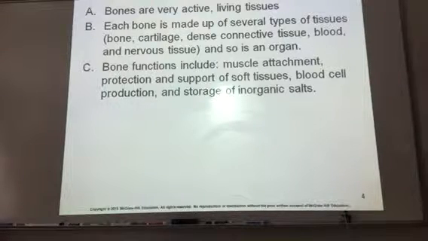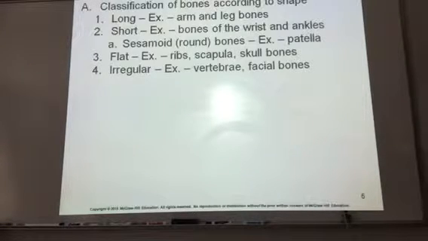Blood cell production, we'll talk about how your bone is very important for producing blood cells. And then storage of salts, calcium, lots of inorganic materials. So muscle attachment, protection, support, produces blood cells, and storage.